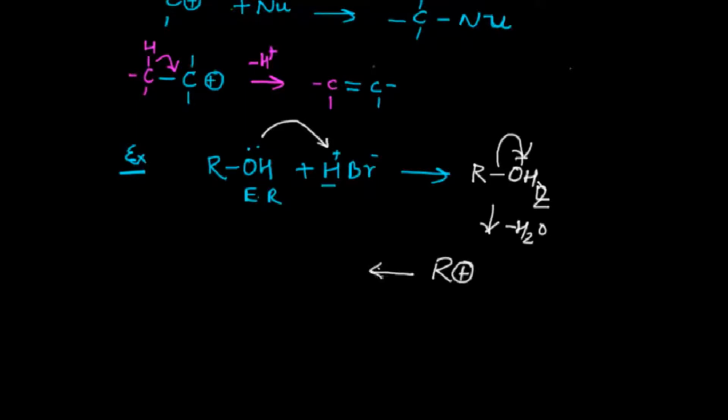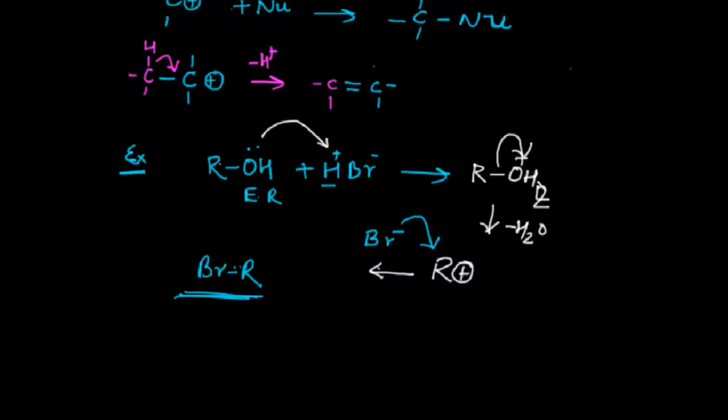Now this R positive is electron deficient, and Br minus attacks this R to form RBr. So this is the alkyl bromide formed in the reaction.